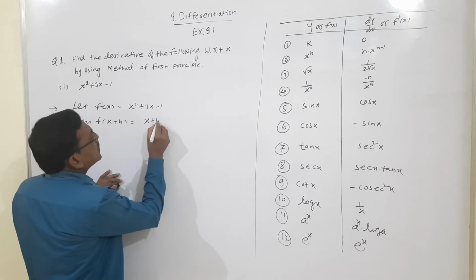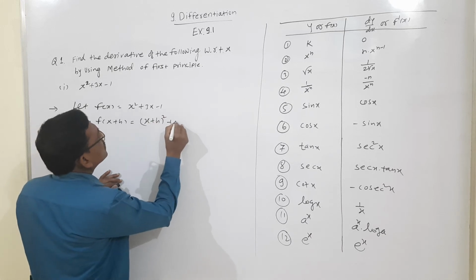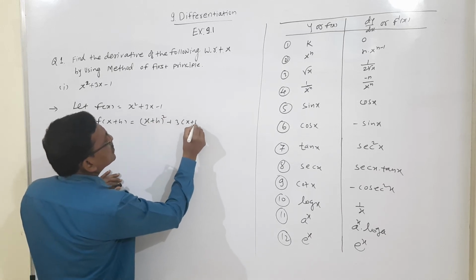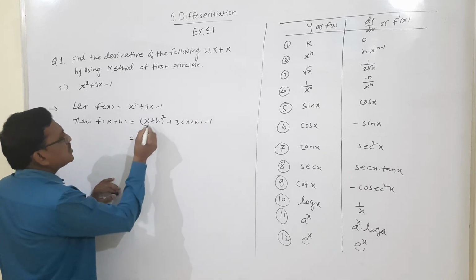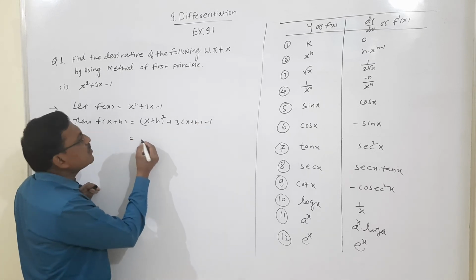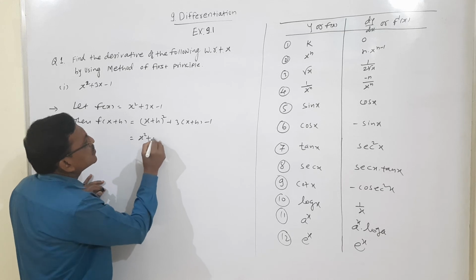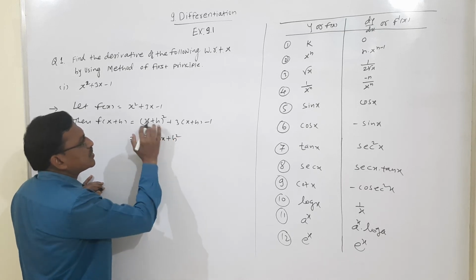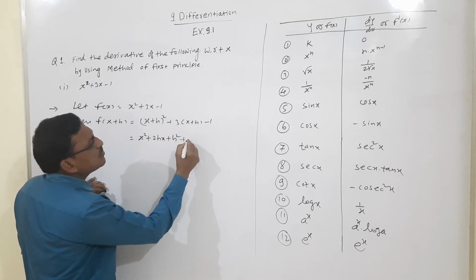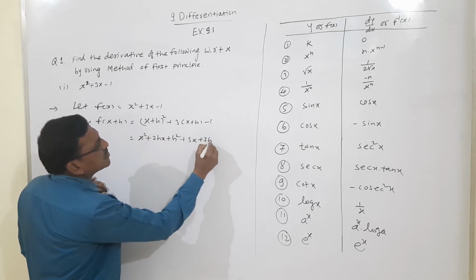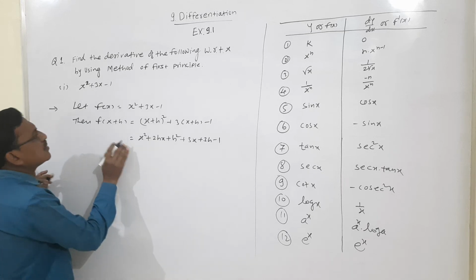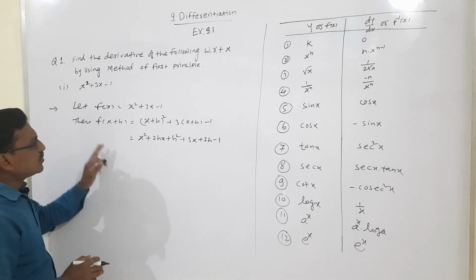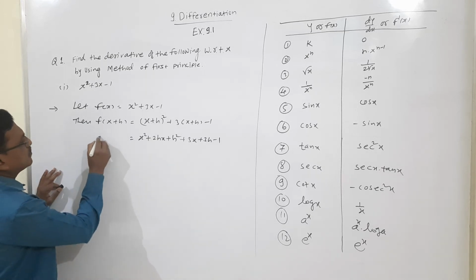So here it is x plus h whole square plus 3 into x plus h minus 1. Take its expansion like a plus b whole square: x square plus 2hx plus h square, plus 3x plus 3h minus 1. So this is the value of the f of x plus h function.